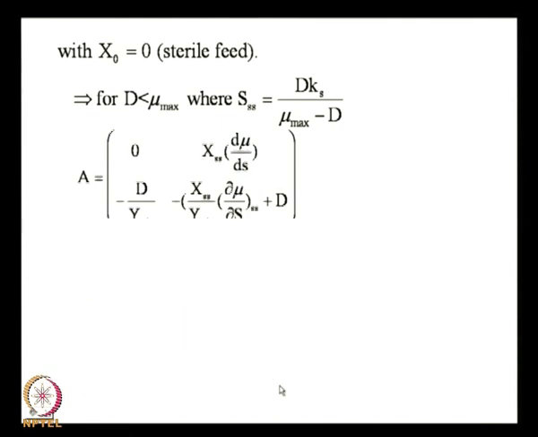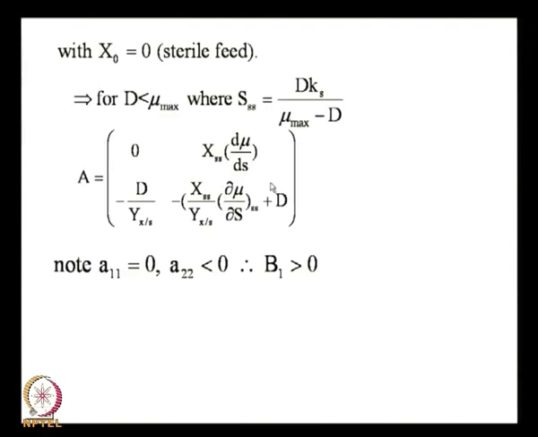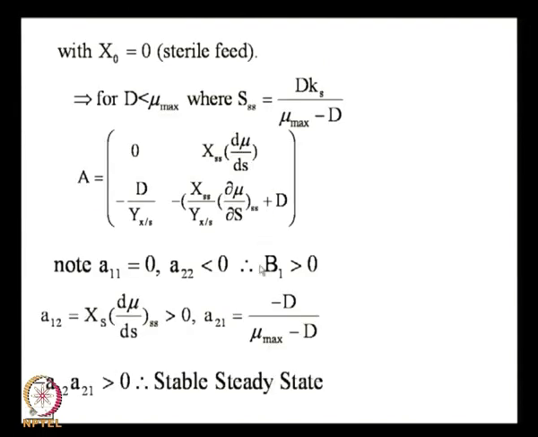Why? Just because of this, del mu del s is this number, mu max ks over ks plus s square, which is positive for all values of s. Is that clear, or do I need to explain? Okay, just quickly through here. A12 times A21, negative of that, is xss del mu del s times d over x y.